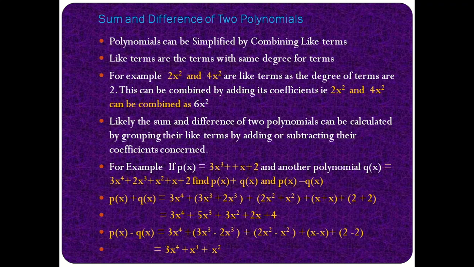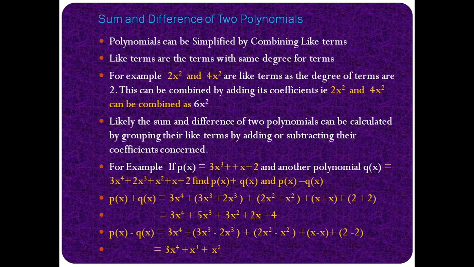For example, 3x square, 4x square. These are like terms because the power of the variable part is the same. So if the power of the variable part is the same, we can say that terms are like terms. For example, x square, x cube. These are not like terms because their powers are different.